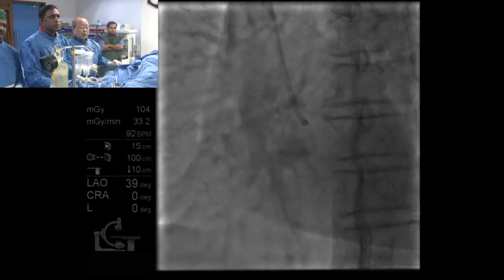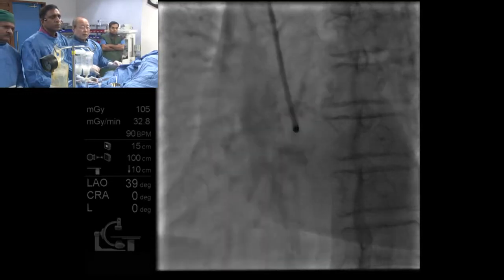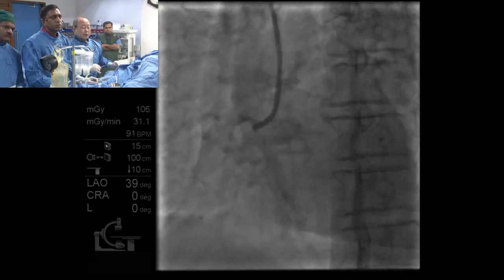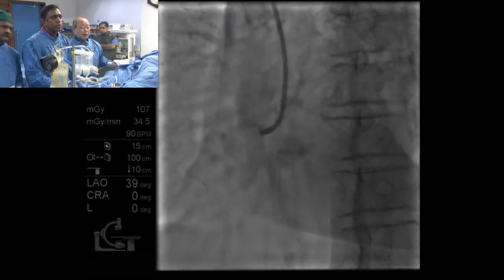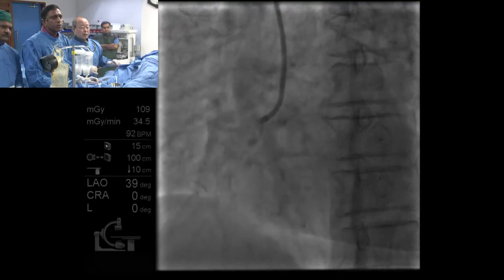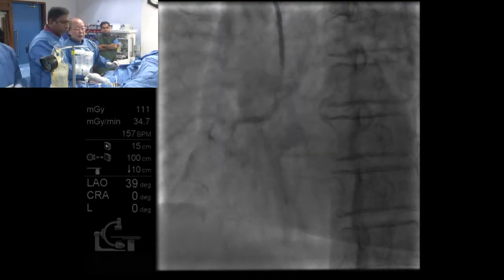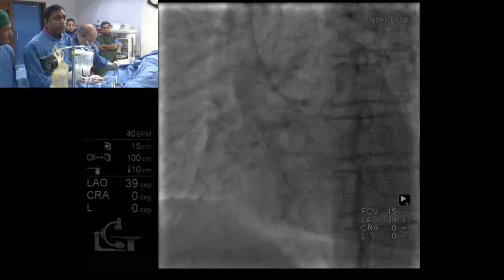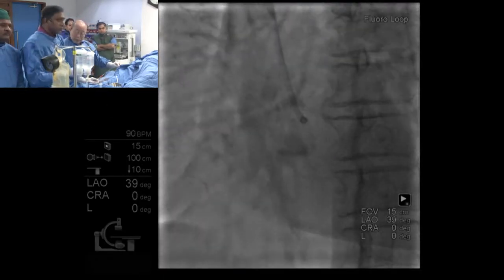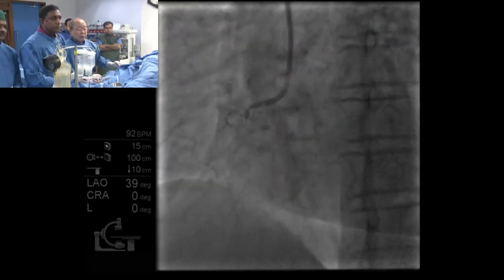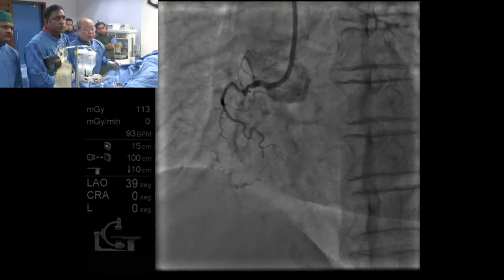Here. Okay, that's fine. Shall we take a picture? Which one? Right, it's out.